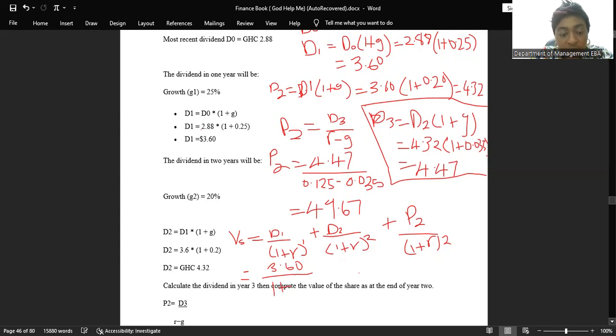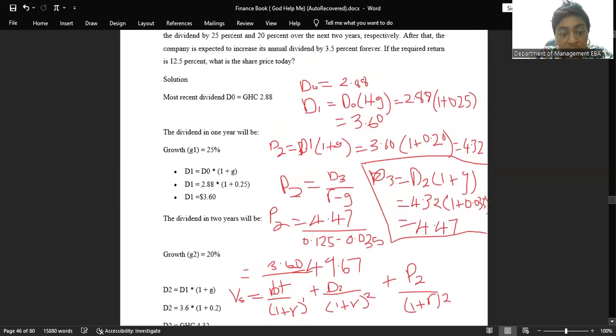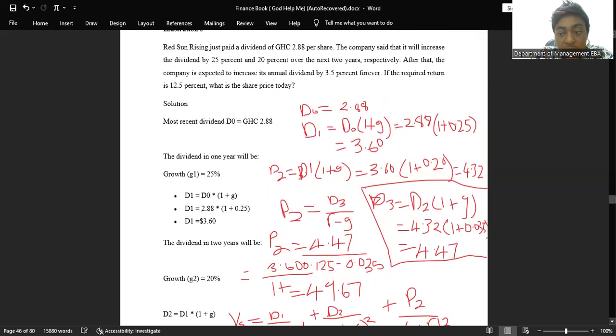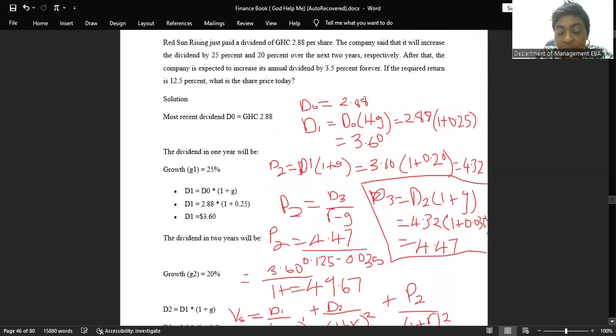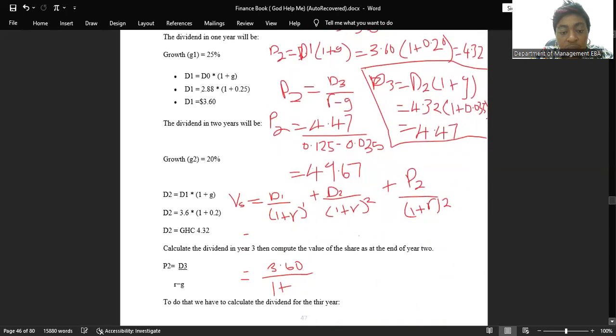You have to go up there to check this. It's 12.5%, that is 0.125, plus the second, the D2 is what?